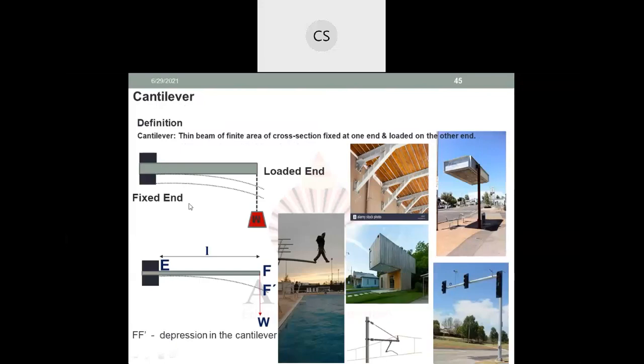First, you have to understand what is a cantilever. You have seen beams in the last class. What are beams?